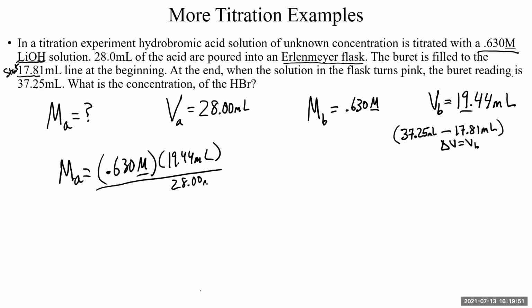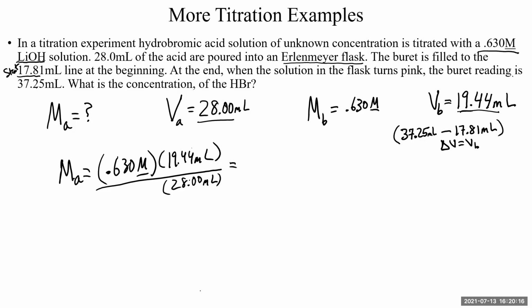And again, think it through. Before you even bother calculating, just realize 19 divided by 28 is a fraction less than 1. So we're going to see a molarity that is less than 0.630. It has to do with the fact that we neutralized 28 milliliters of acid with only 19 milliliters of base. Therefore, the base must be more concentrated to be able to do that.